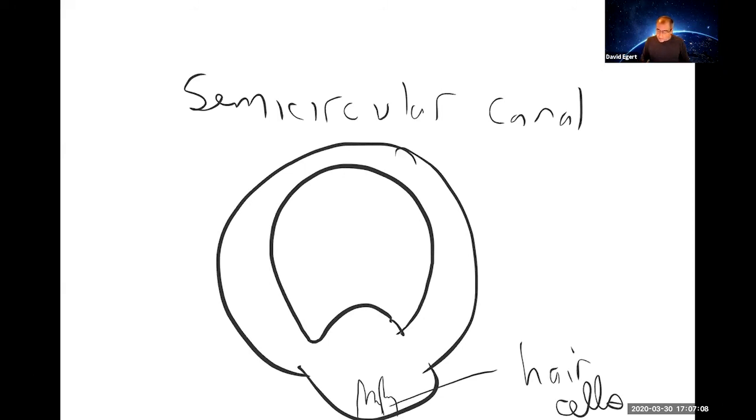Again, hair cells are the things that detect bending and turn it into an electrical signal. Off the bottom of the hair cells you have the nerve that sends the message that tells the brain what the hair cells are doing.